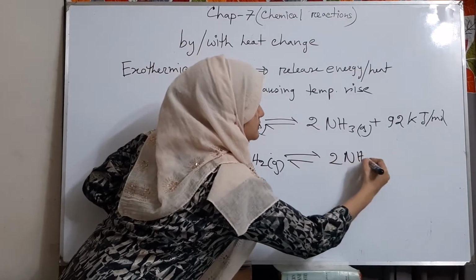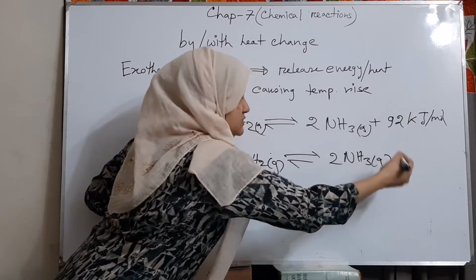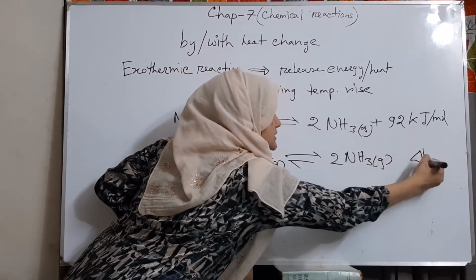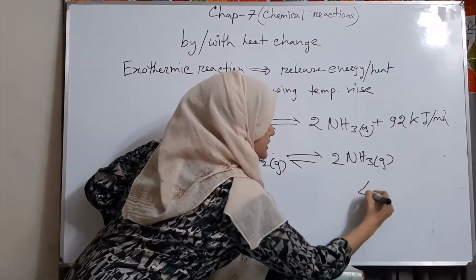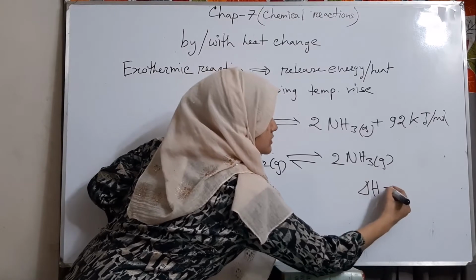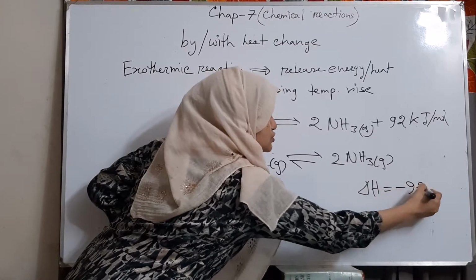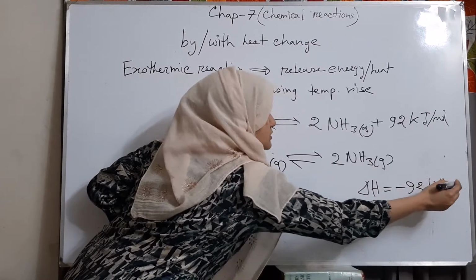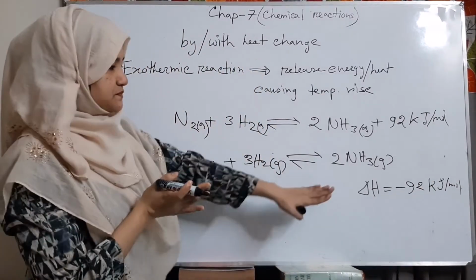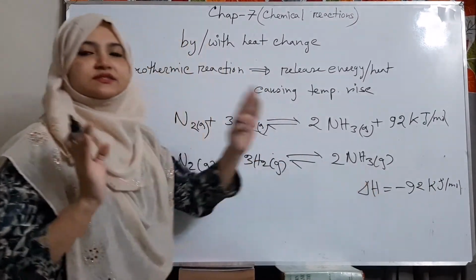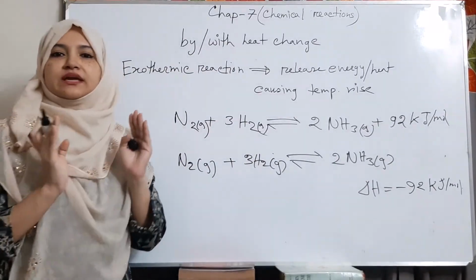2 ammonia, and del H is equal to minus 92 kilojoule per mole. Del H means the enthalpy change or heat change.